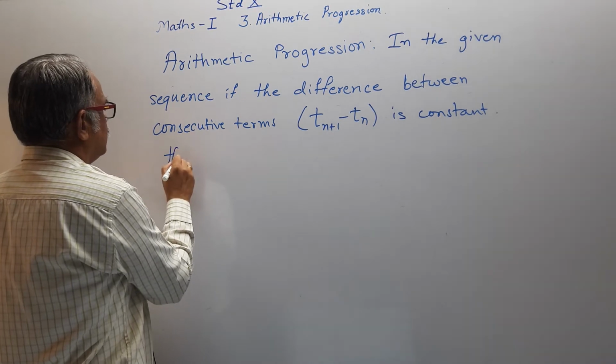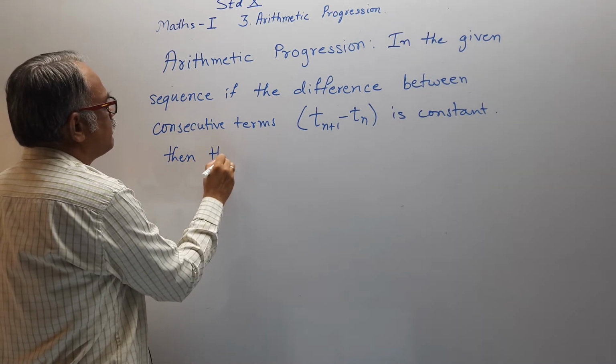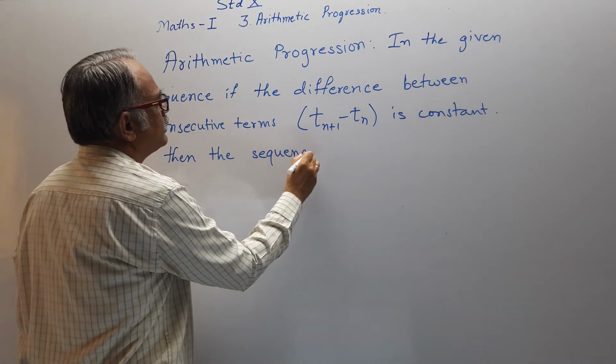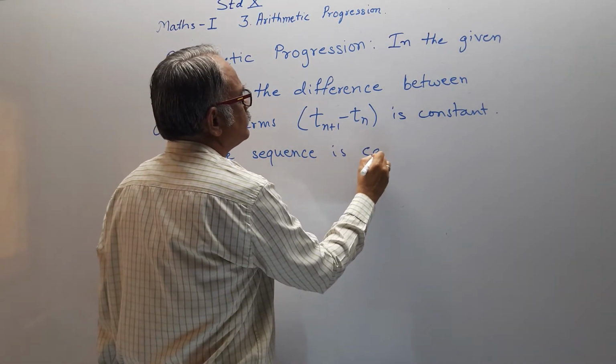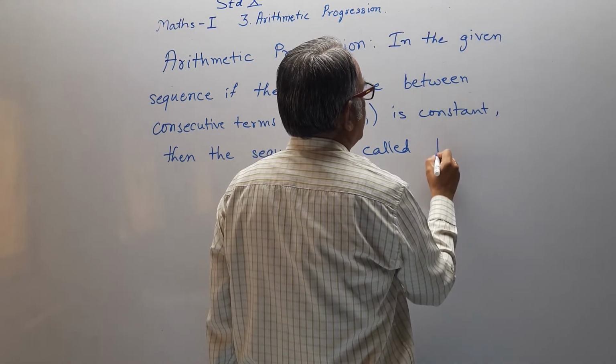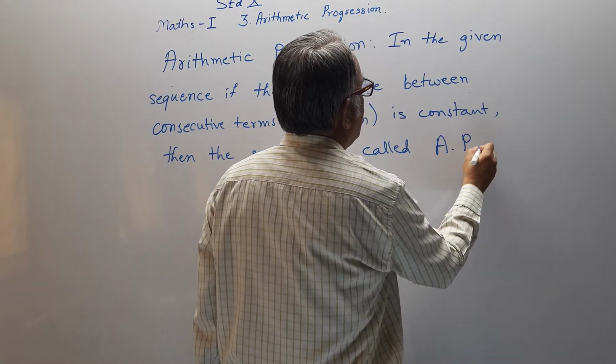then the sequence is called arithmetic progression. The short form of arithmetic progression is AP.